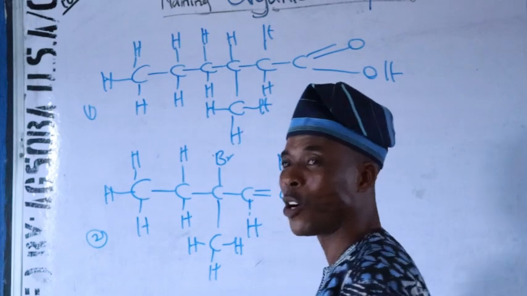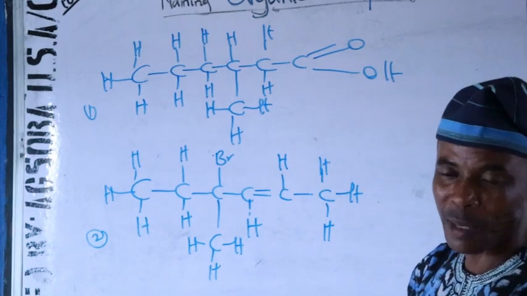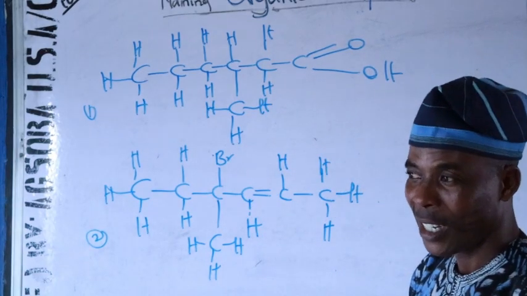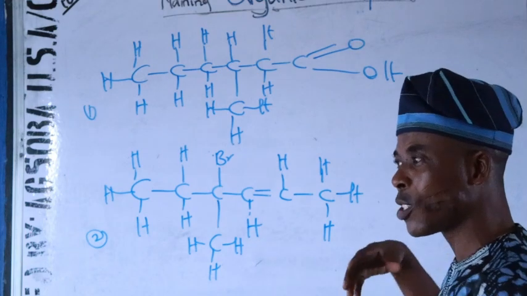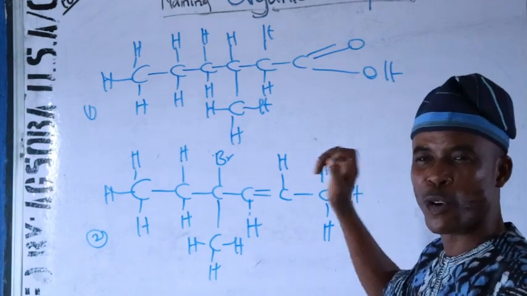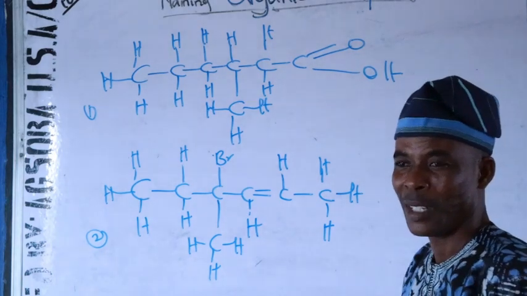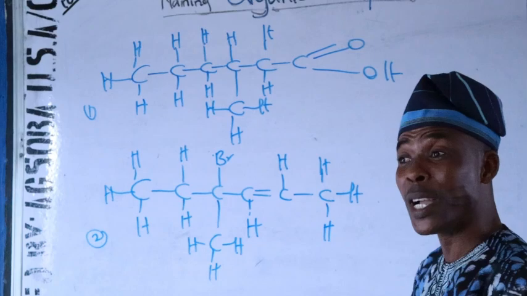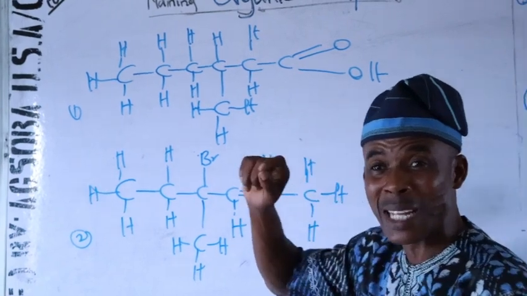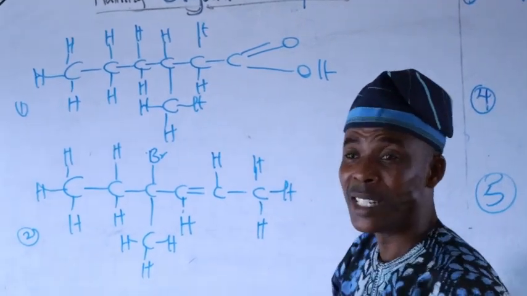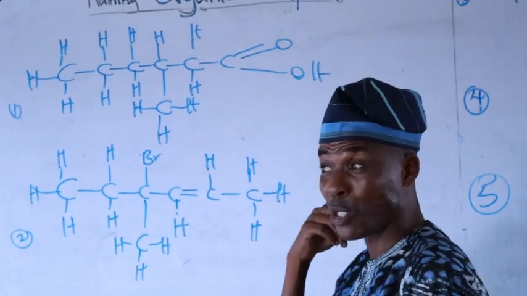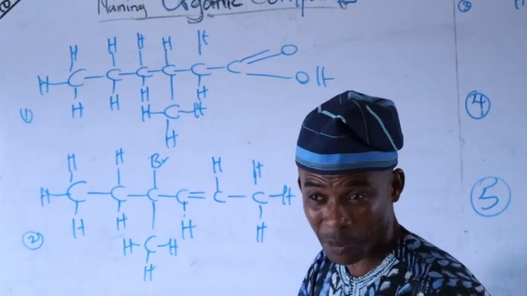Now, the first 3 students that named the compound made mistakes. These days, you don't need to tell us the position of the functional group in an alkanoic acid. The functional group is always at the terminal carbon. Hence the position is not needed to be mentioned.